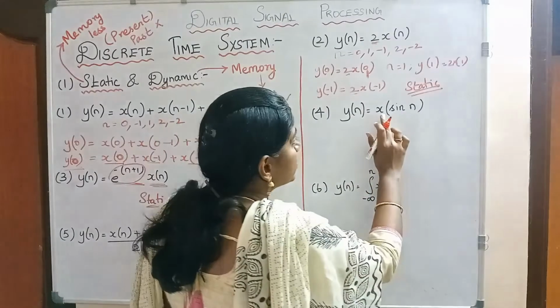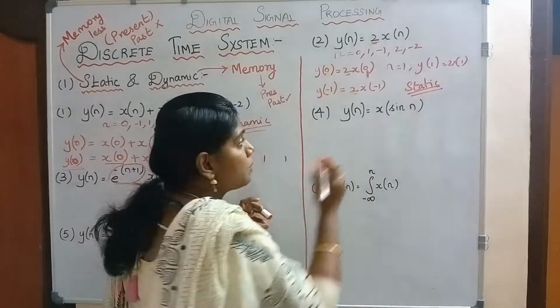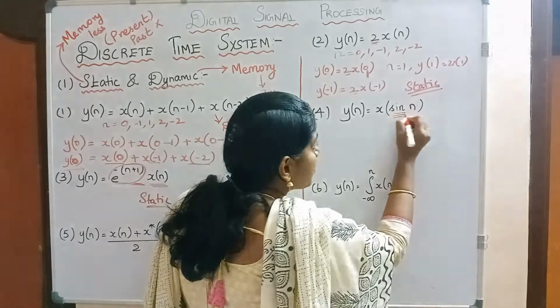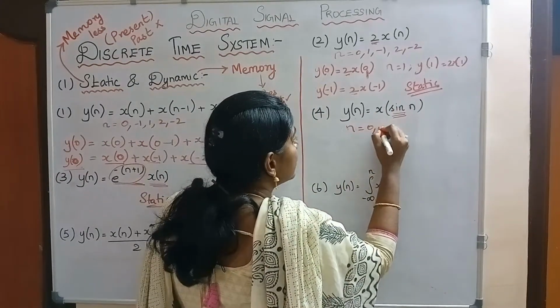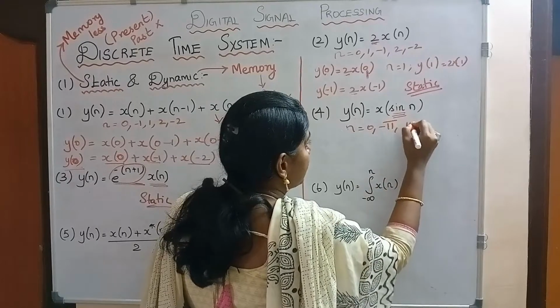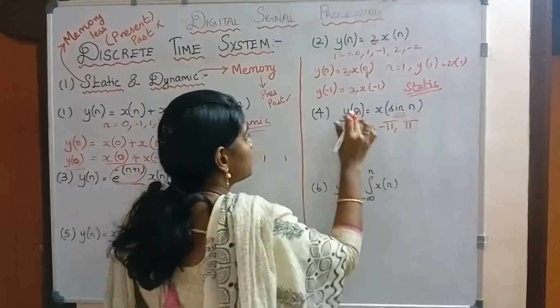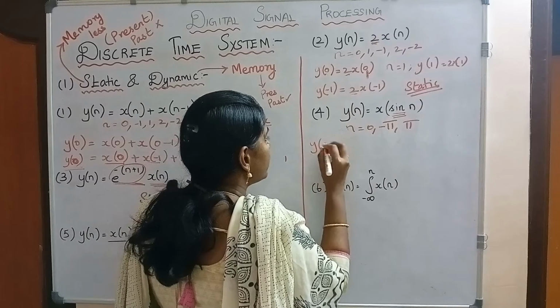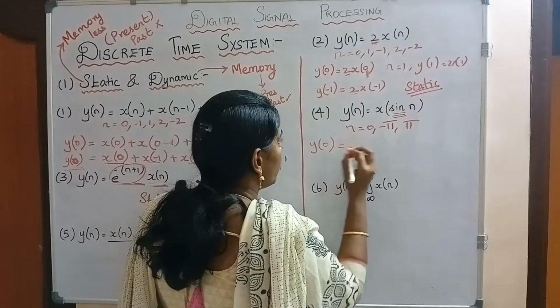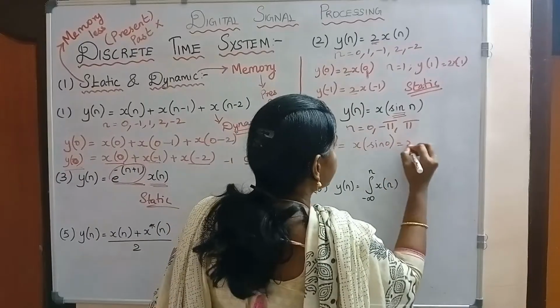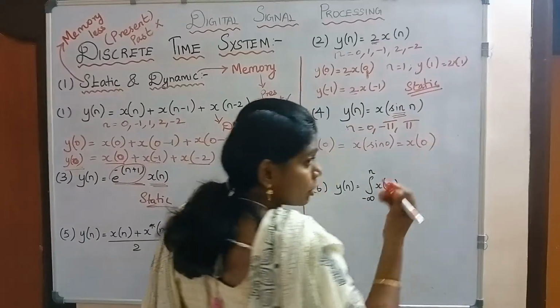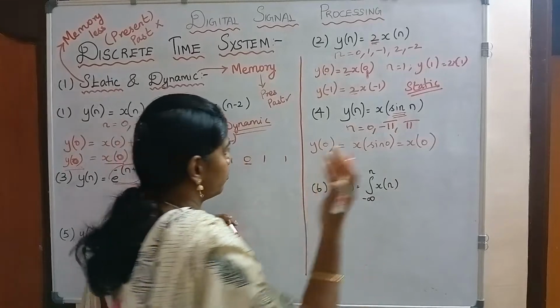y of n equal to x of sin n. See, when you see trigonometric functions, you have to pass values like this. It is easy: 0, minus pi and pi. So what do we get? If we pass n equal to 0, x of sine 0. What do you get? x of 0, right? Because sine 0 is 0. Fine.